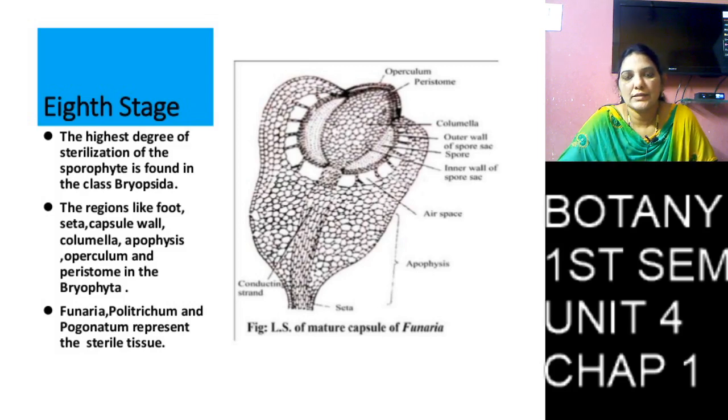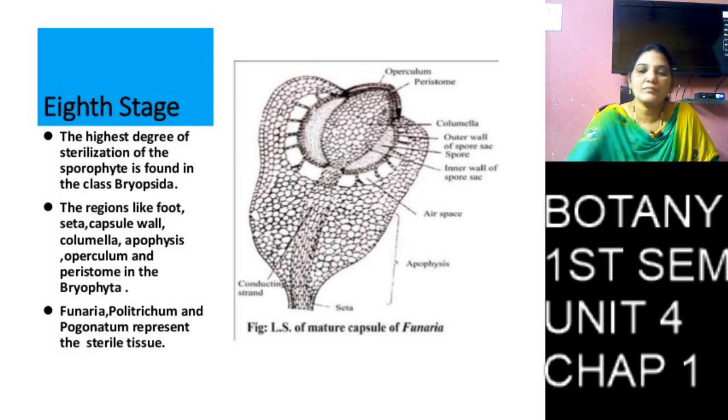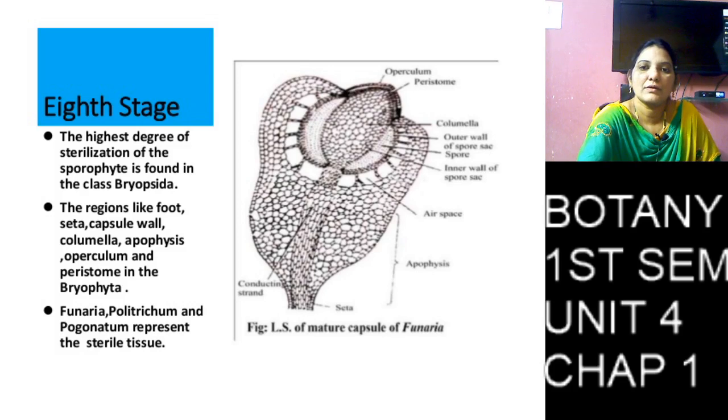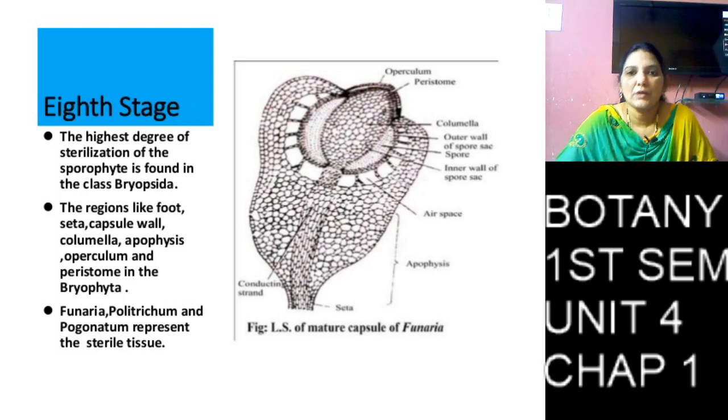It is also divided into foot, seta and capsule. So here apophysis, theca, operculum also present here, spore sacs also present here, the spore sac having spores, and peristome teeth present here. So the spores come outside from the peristome teeth.